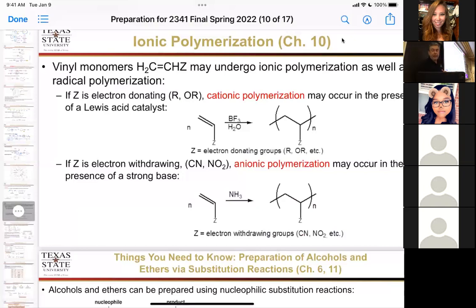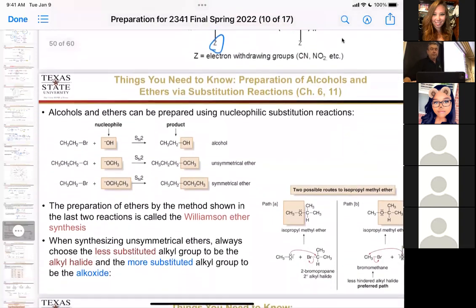But so if we have electron donating groups here, we can stabilize a positive charge right there. If we have electron withdrawing groups, we can stabilize a negative charge right there. And it does the same thing. It just keeps creating a negative charge. So it's like it's propagating just like a radical reaction, but it's actually a nucleophilic or an electrophilic reaction. But in the process, it generates the negative charge or the positive charge over and over and over. Okay, so that's all I want to say about radicals.